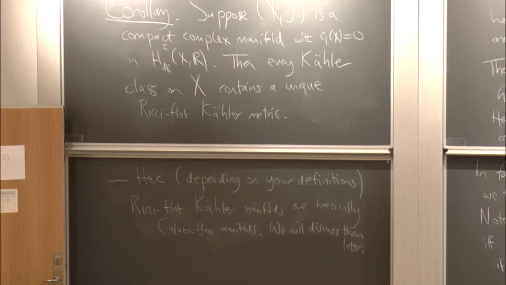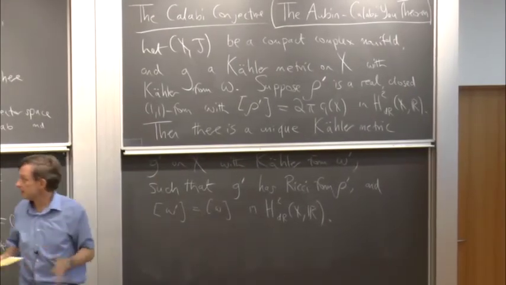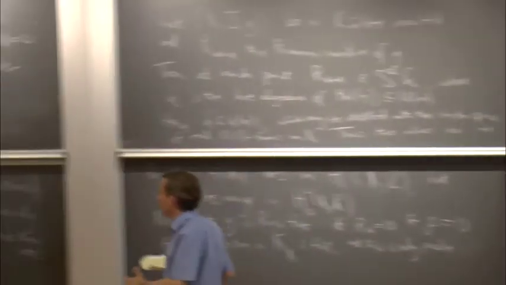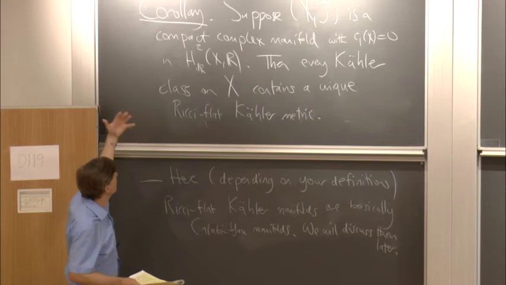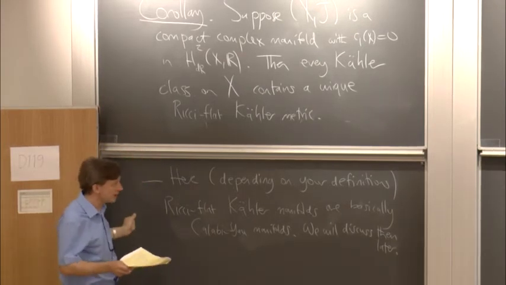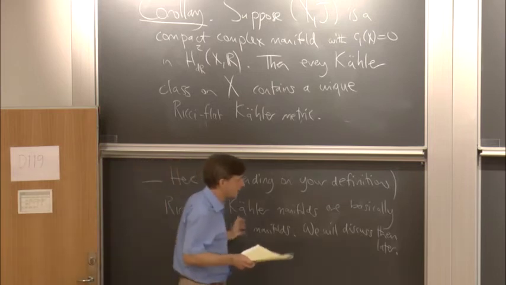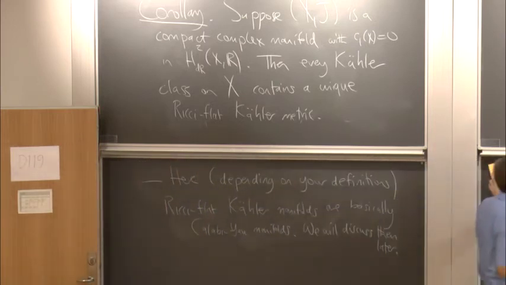You can't actually write down these Kähler metrics g prime, and in fact they're almost never actually known. You just know that there exists some metric g prime. You can't write down a formula for it, or get very much control of what it actually looks like.